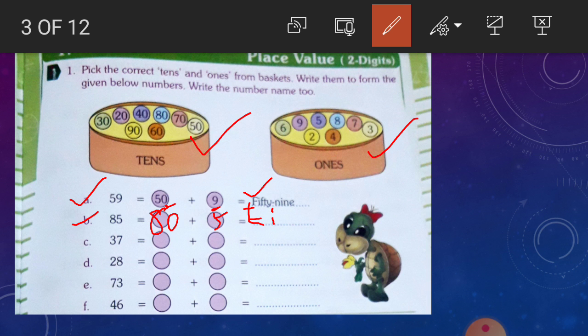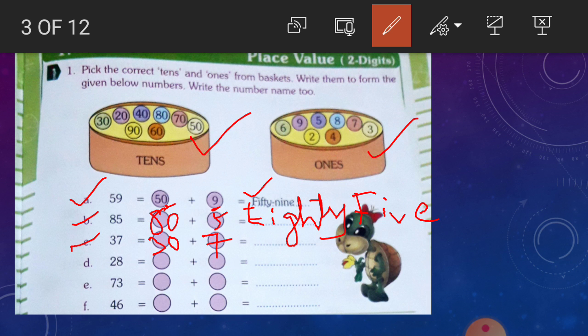EIGHTY, 80. FIVE, 5, 85. Okay. Next, the number is 37. So 37 is 30 plus 7, 37.